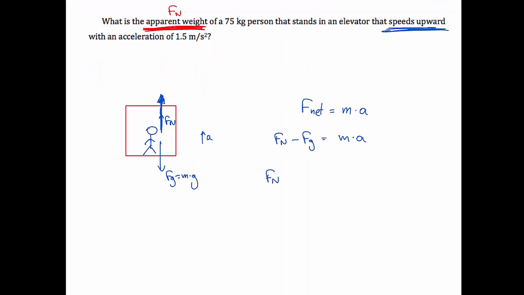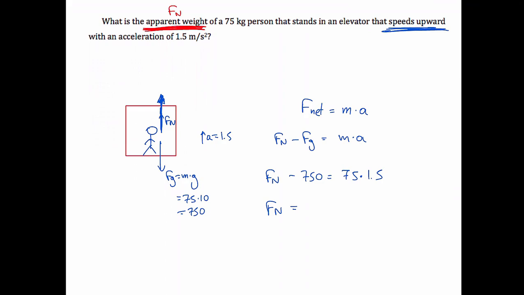The force of gravity is 75 times 10, so 750. It is equal to 75 multiplied by the given acceleration, which is 1.5. So F normal is equal to 75 times 1.5.